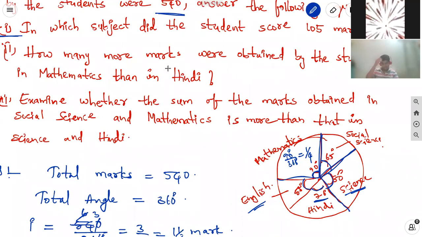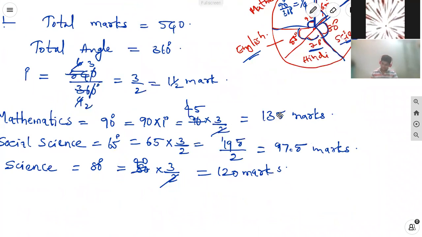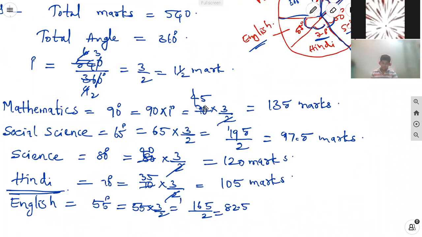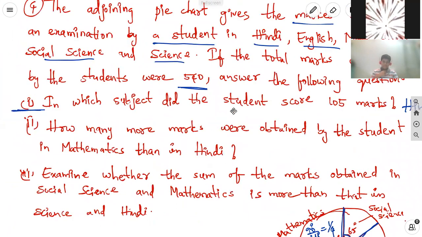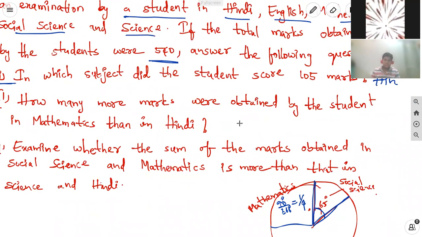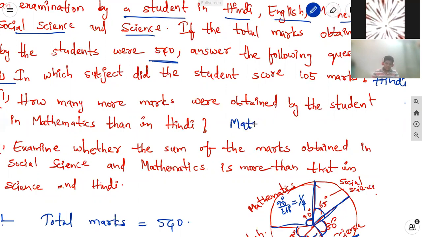Next, how many more marks were obtained by the student in mathematics than in Hindi? See here, mathematics 135 marks, Hindi 105 marks.